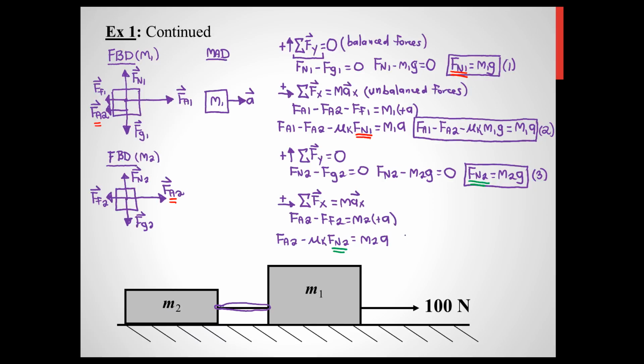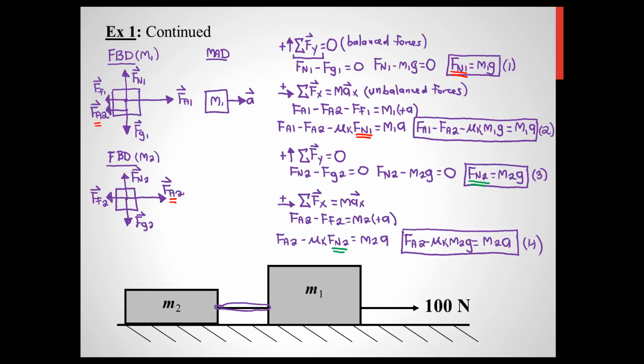So then that would turn into Fa2 minus mu k m2g is equal to m2 times a. Box that equation, and we're going to call it equation number 4.